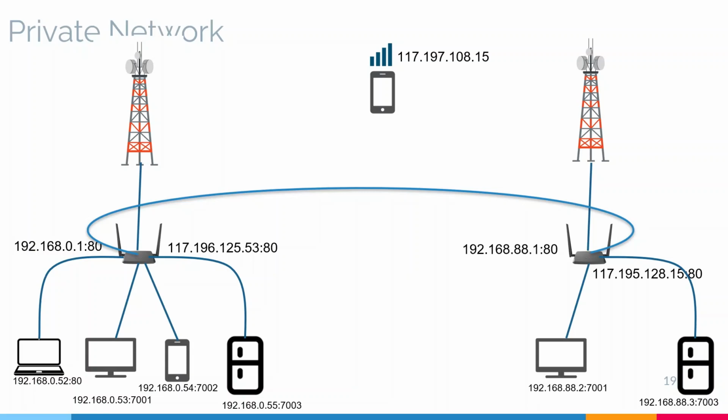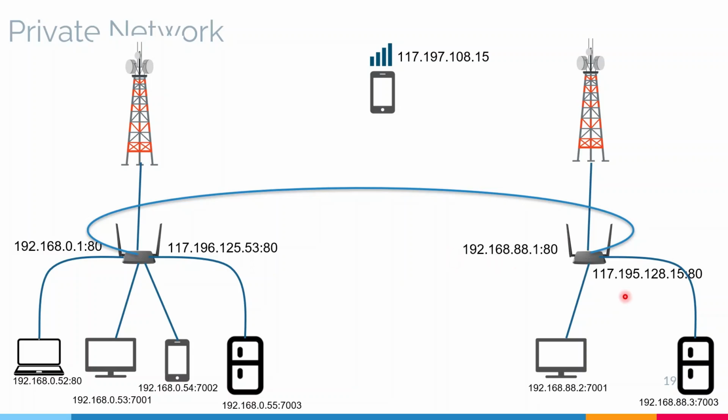So what I will do is, once I have this cable connected and both the routers connected, I'll just disable port forwarding because I no longer need port 80 to be forwarded, and similarly ports 7001 and 7003, because now, since I've connected both the routers using a physical cable, I can directly access these devices using the private IP.